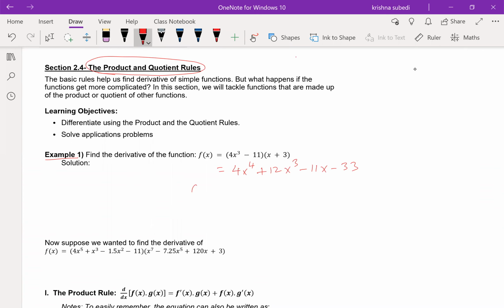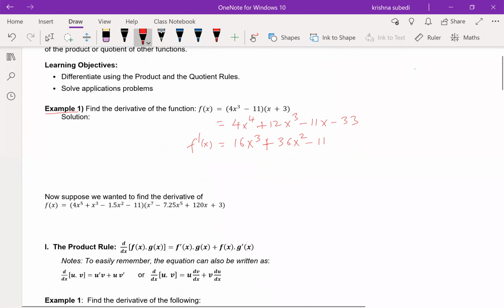Then you can find the derivative, which is 16x cubed, using the power rule, plus 36x squared minus 11. And the derivative of 33 is 0 because that's a constant. So we can do it this way.